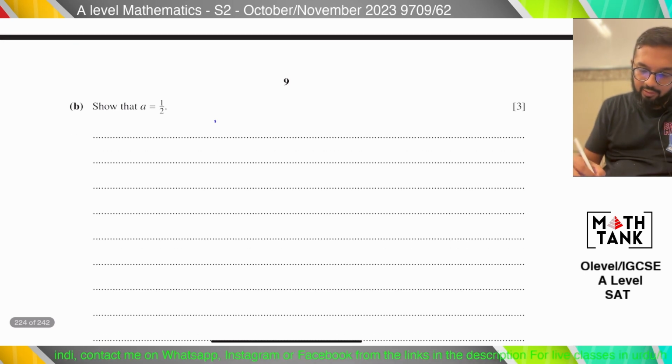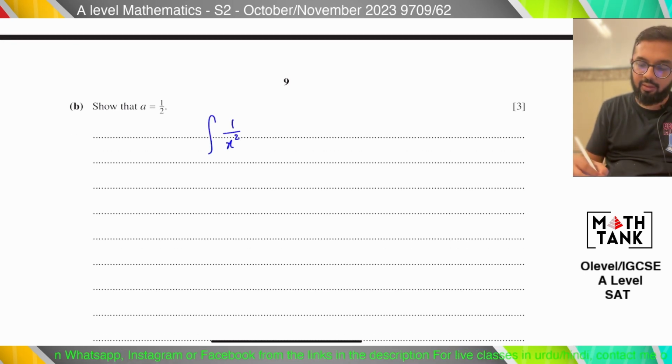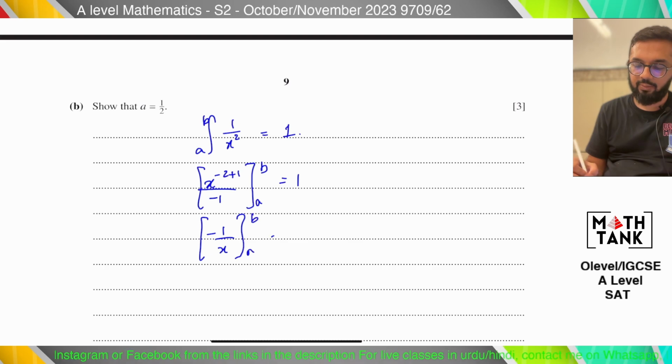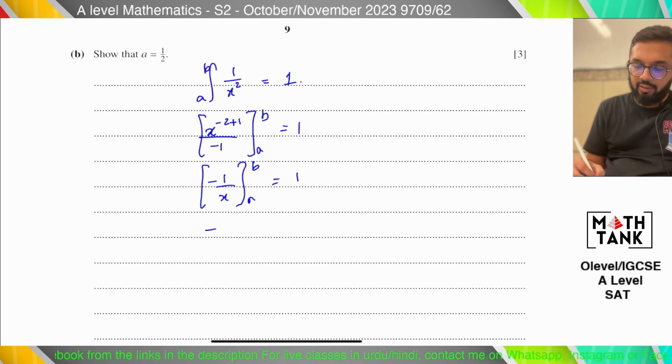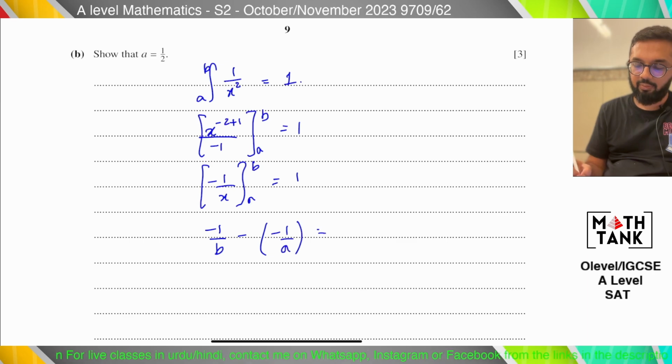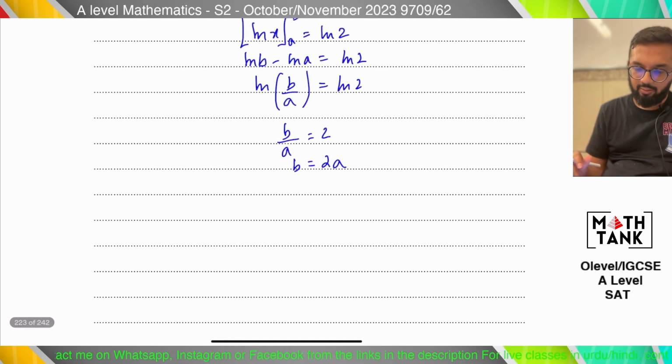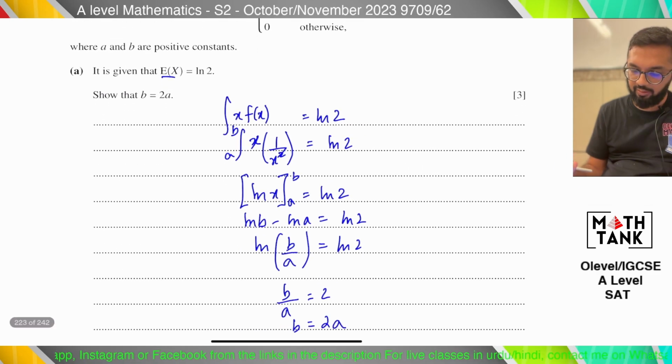So I know that if I integrate this entire thing, 1 over x squared from a to b, it should become 1. So this becomes x to the power minus 2 plus 1 over minus 1 from a to b is 1. So minus 1 over x from a to b is 1. Minus 1 over b minus minus 1 over a equals 1. b equals 2a, that's from the previous part.